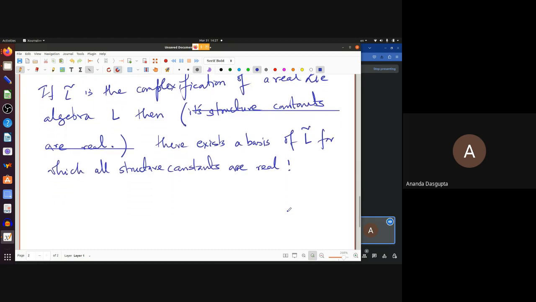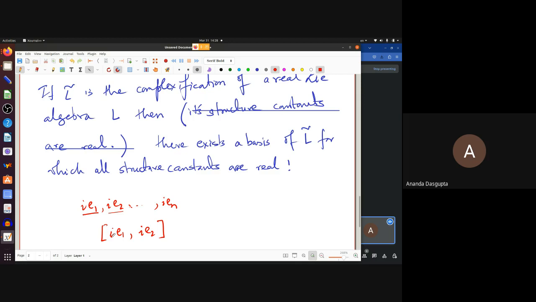Let me show you why the previous statement was wrong. You could, of course, change your basis. In particular, let's say instead of using E1, E2, I use iE1, iE2 up to iEn. So iE1 is my new E1, iE2 is my new E2, and so on. To find out, say, C^k_12, what will I do? I will take the first basis vector and the second basis vector, namely iE1 and iE2, and bracket them according to our rule before.